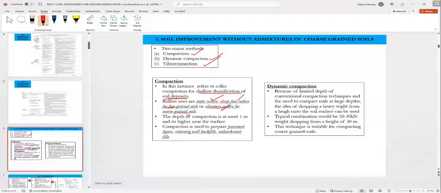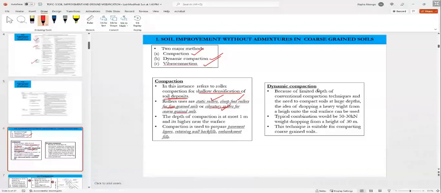The reason is that it tends to knead or mold the soil together. For coarse grained soil, we need to somehow densify the soil together, so we need to give it a vibratory movement to make it compact.